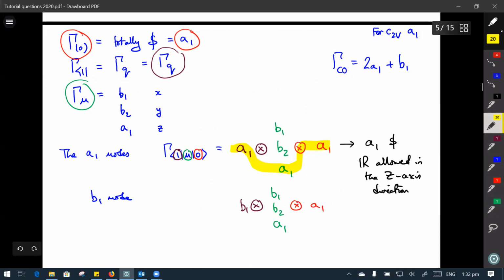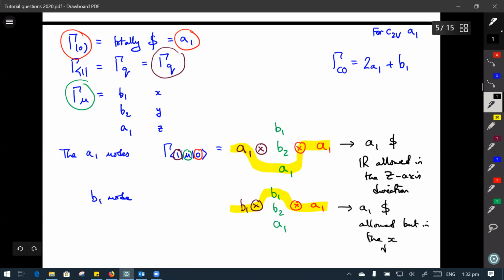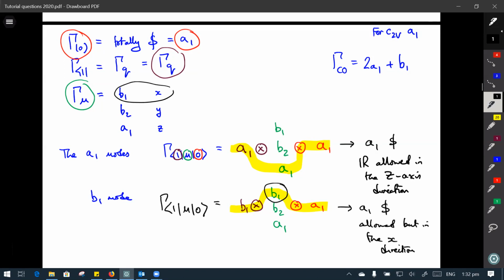So this way you can circle your way through, and that also gives you A1 symmetry. That means this transition is allowed, but in the X direction, because it's from the X direction that you got the transition moment integral to be non-zero. So just for completeness, I'll put this in here.